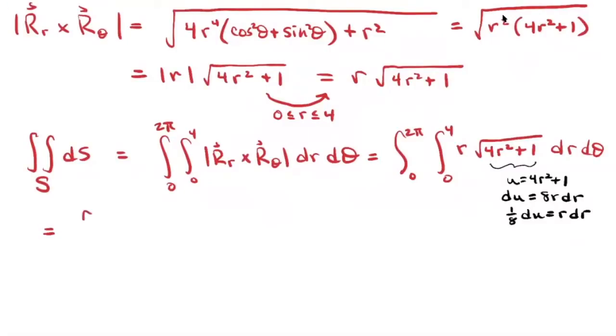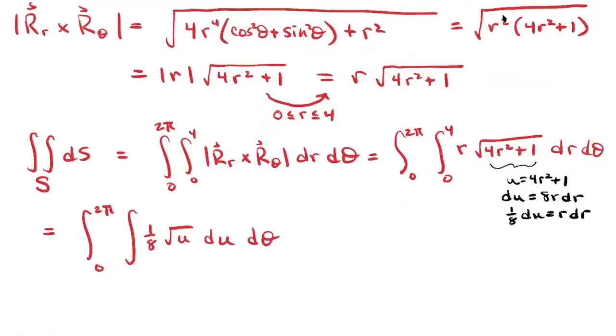First I've got the 0 to 2 pi, then I've got another integral with 1/8 and the square root of u du, and then we'll have our d theta.